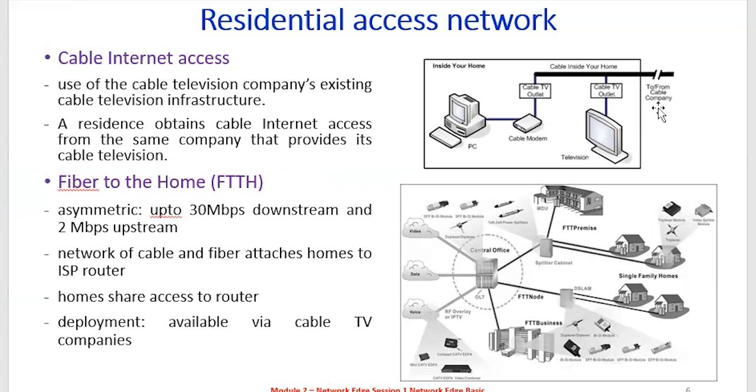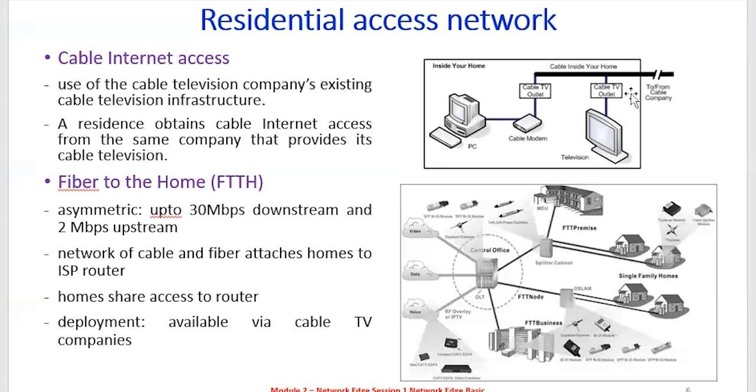Okay. So for example, from the cable company, say you have Airtel or Tata Sky, etc. So you have a cable coming in, and this cable is by default used for the television.